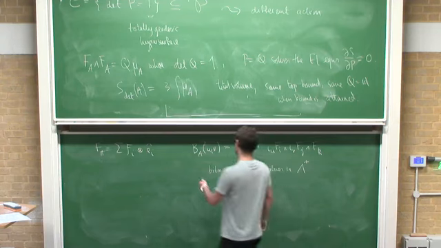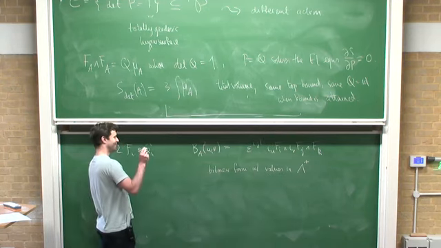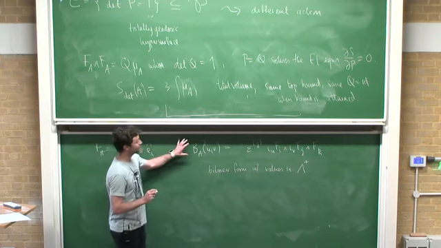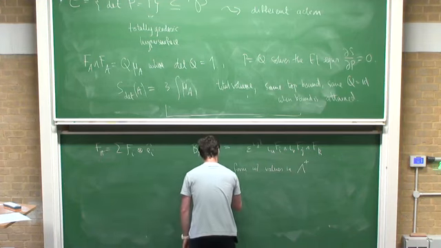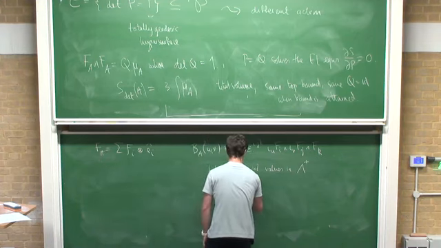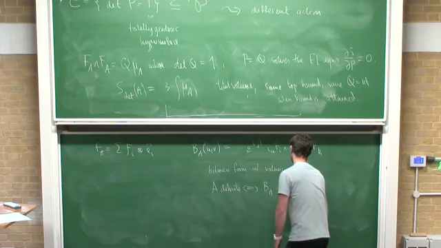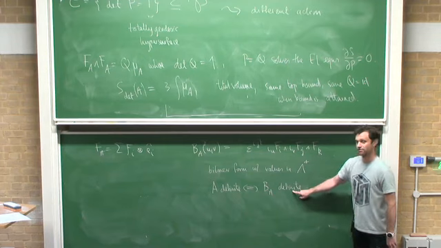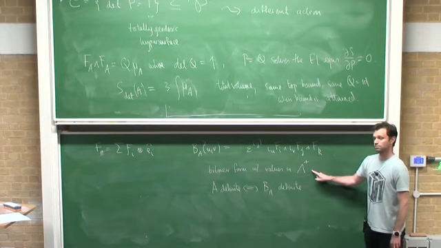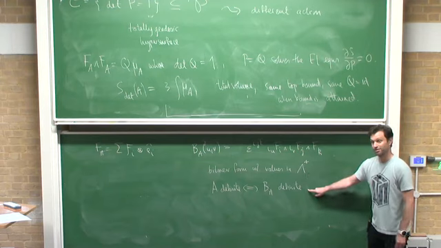Now it turns out that A being definite is the same as saying that this bilinear form is definite. Notice I can't talk about positive definite or negative definite because it takes values in an abstract line. But once I know it's definite, that singles out an orientation, which makes this positive definite.